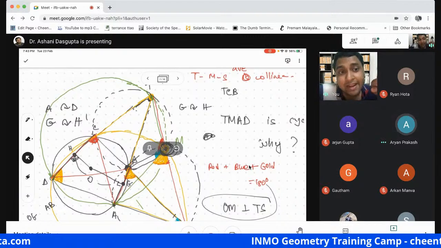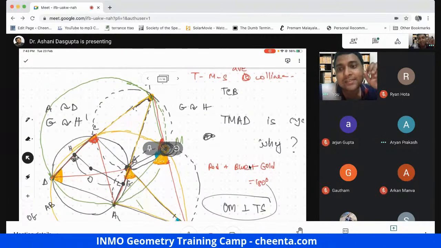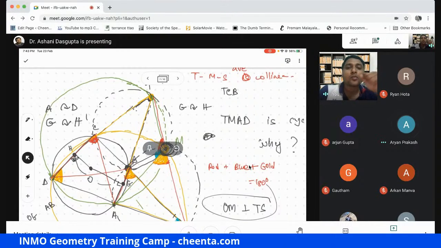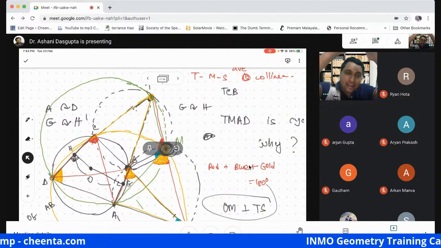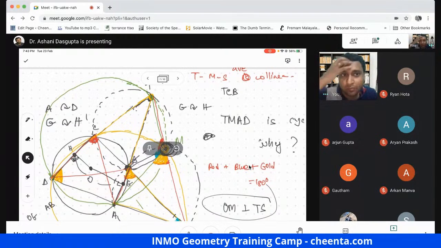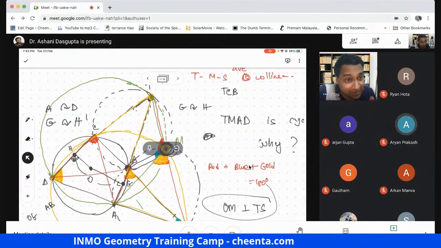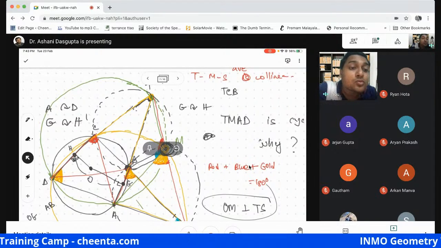Yeah, you're right, Aryan. This point needs a bit of attention. What Aryan is saying is, once we did a crisscross, and once we just extended it and then did it. So which one to use when? Well, it depends. That's the flexibility part. It depends on what point you want to send to what point.